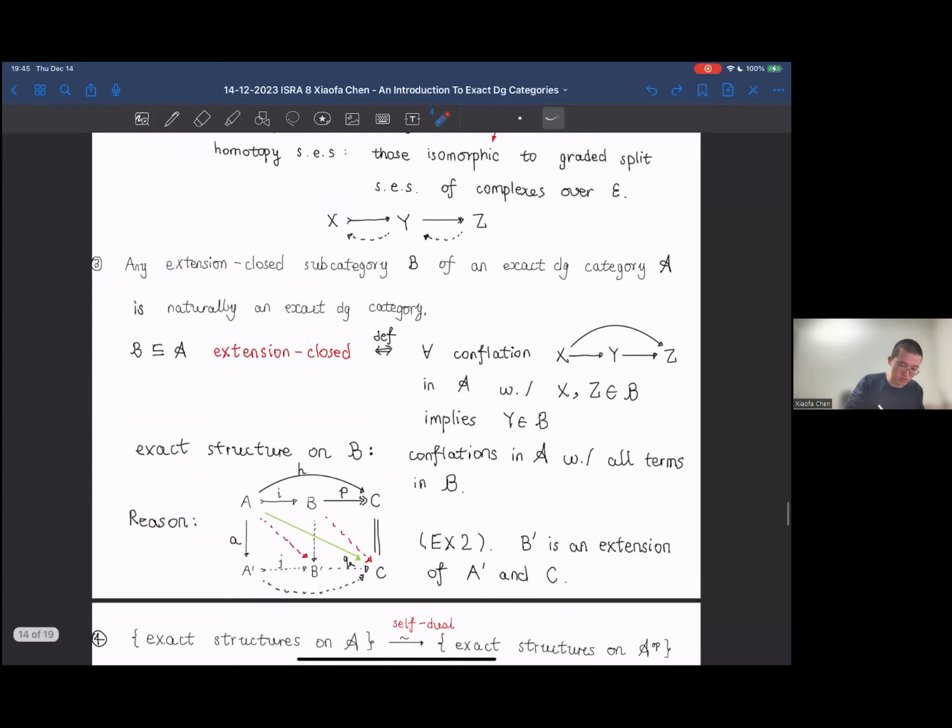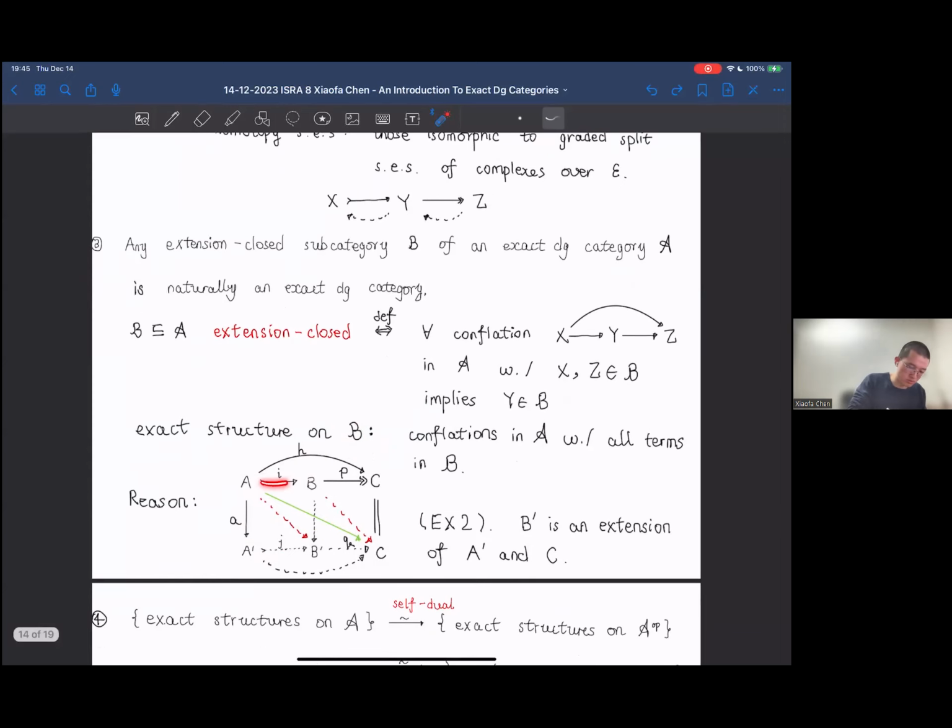For example, when we try to verify axiom EX2, we want to show that the inflations in B admit homotopy pushouts, and that the homotopy pushout of an inflation remains an inflation. The reason is as follows. We can form such a diagram here.